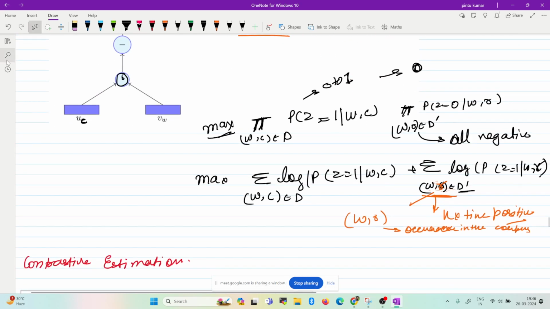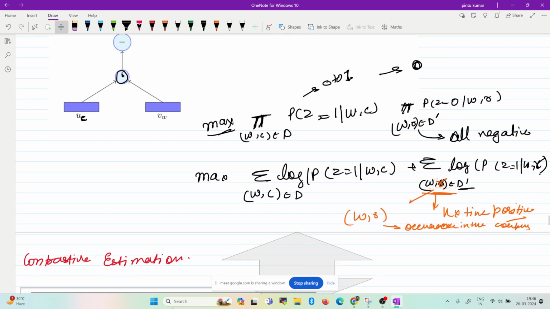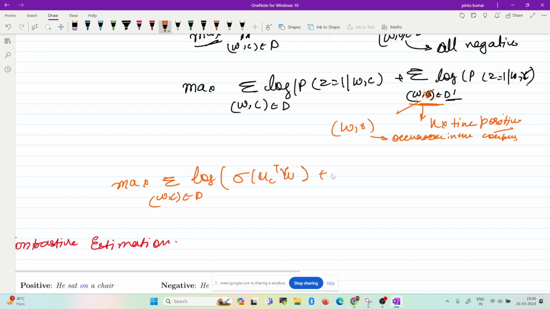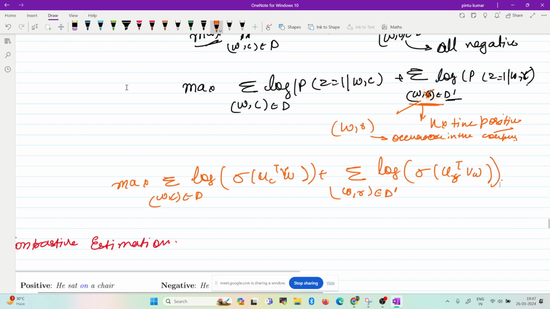So the sum that you had is replaced by: you want to maximize the summation over W comma C belonging to D of log sigma of UC transpose VW, plus the summation over W comma R belonging to D dash of log sigma of UR transpose VW. This is the term that you want to maximize.